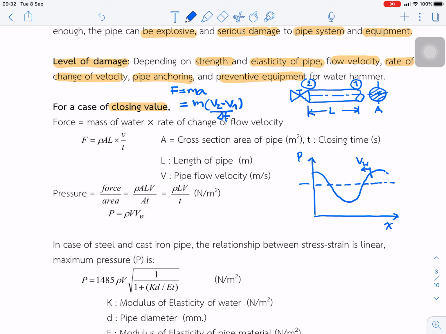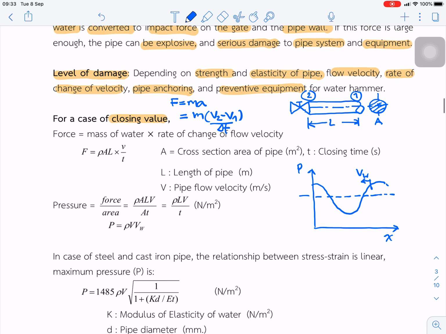In this case, v1 is the initial velocity and v2 is the end velocity. If we apply it to this pipe, at point 1 and point 2, we close a gate at point 2.